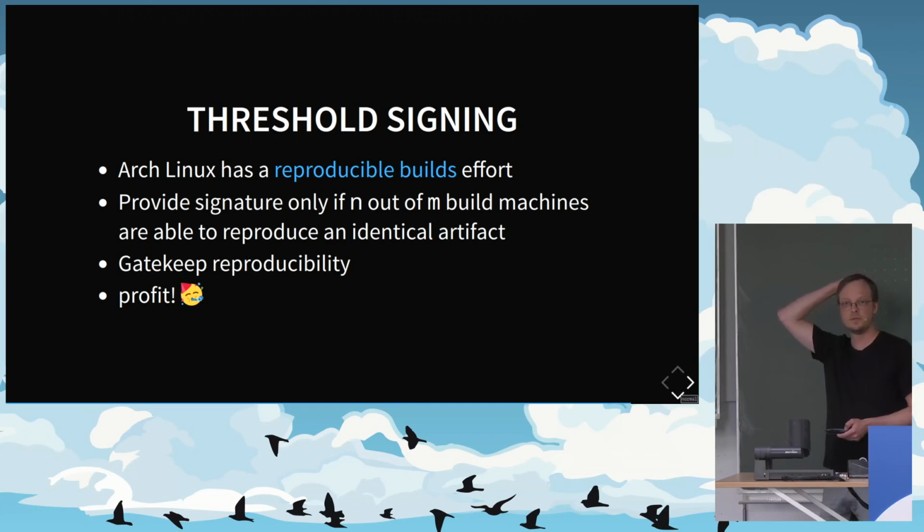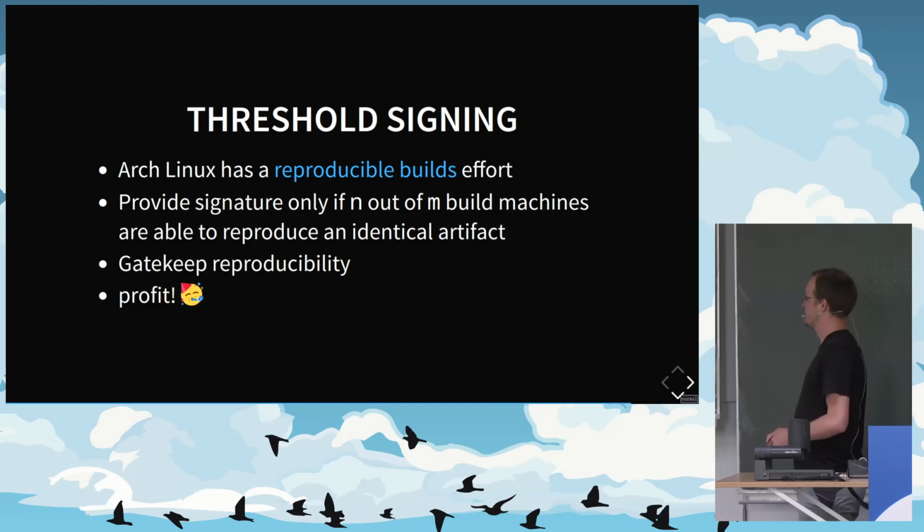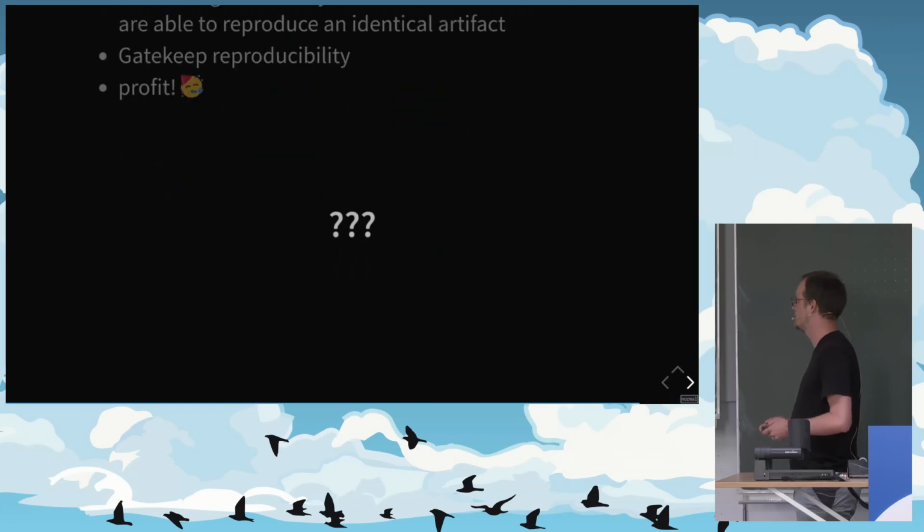Arch Linux has one too. We do have a few packages that are actually reproducible. That's nice. We could provide signatures only if several hosts have actually reproduced that package, thereby gatekeeping packages to have to be reproducible to even enter the repository. That would be great.